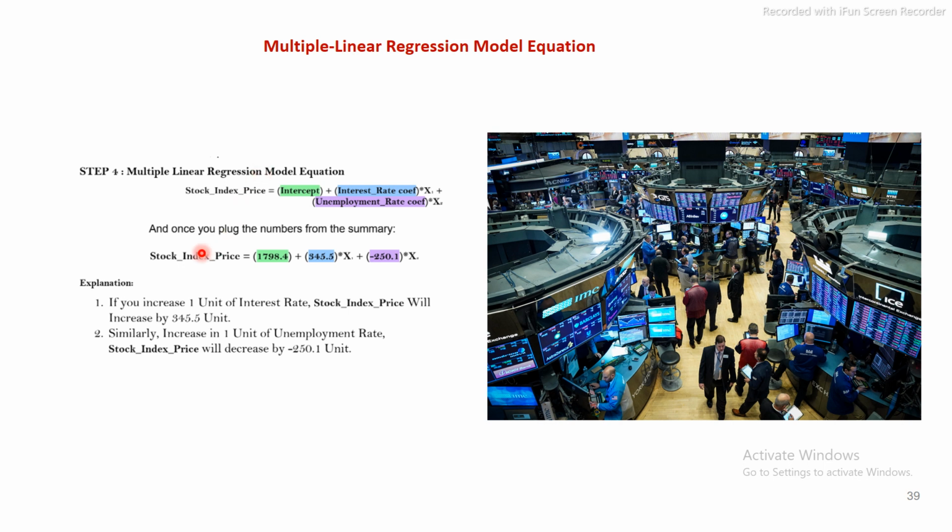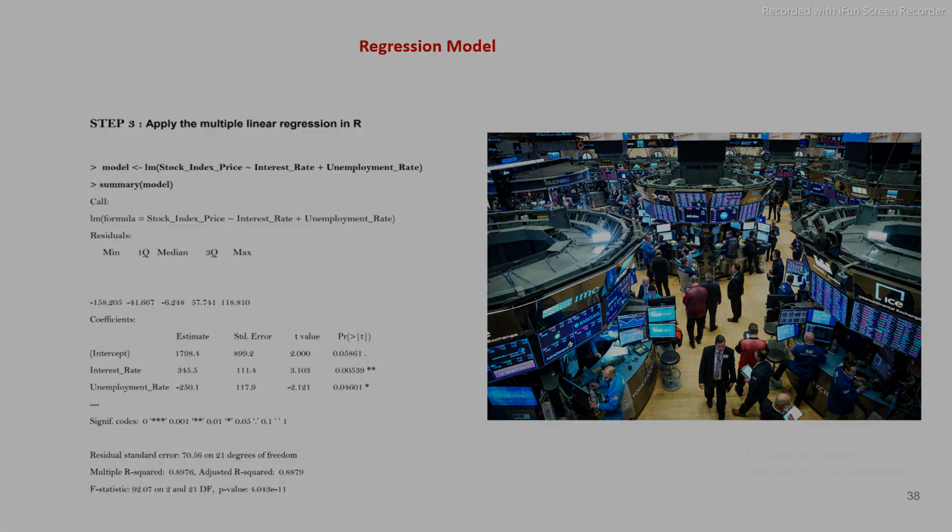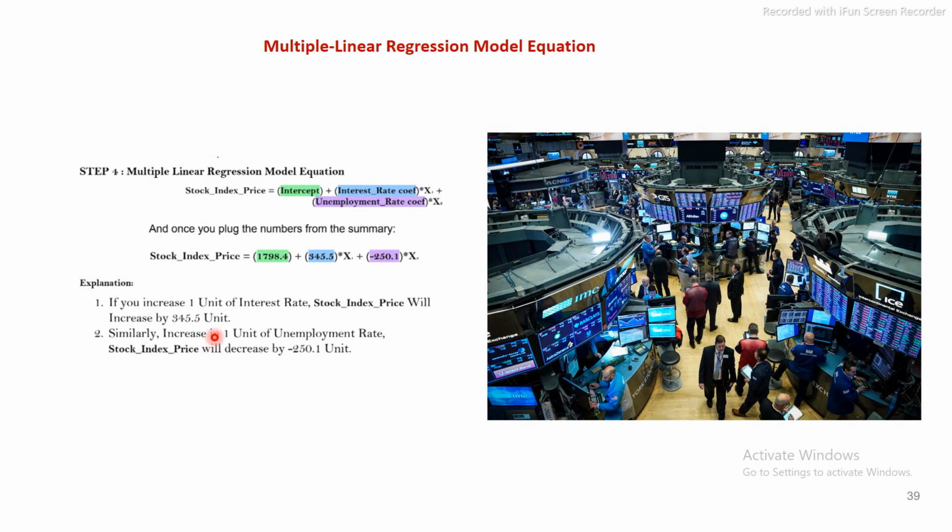So the stock index price equals 1798.4, which is the intercept, plus 345.5 multiplied by x1, where x1 is interest rate, and minus 25.1 for unemployment rate.